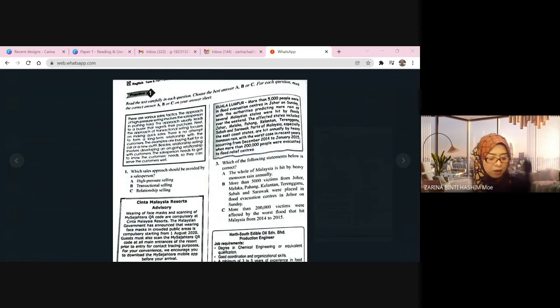For number 4, Wei Wen wants to apply for the job, production engineer at North South Edible Oils Berhad. This is the job advertisement. Job requirements: degree in chemical engineering or equivalent qualification, good coordination and organized skills, minimum of 3 to 5 years experience in the food manufacturing plant industry is an added advantage.